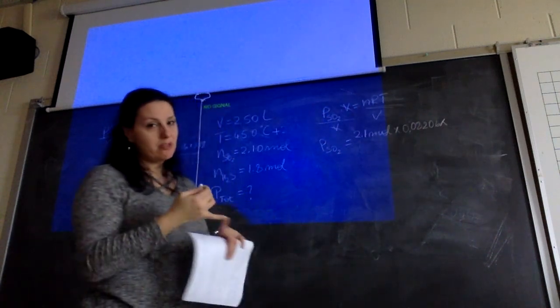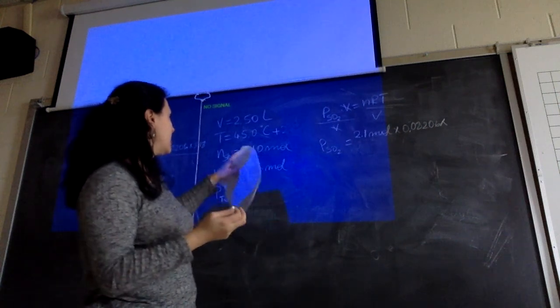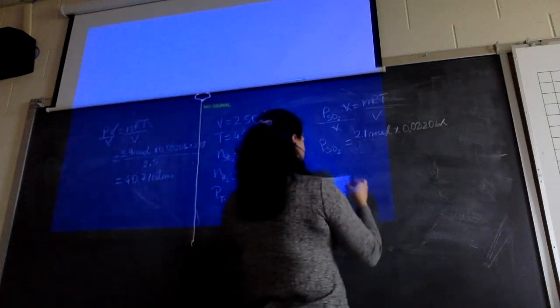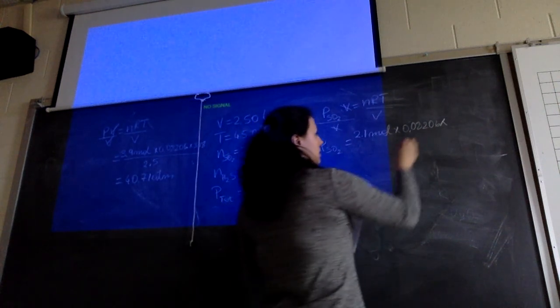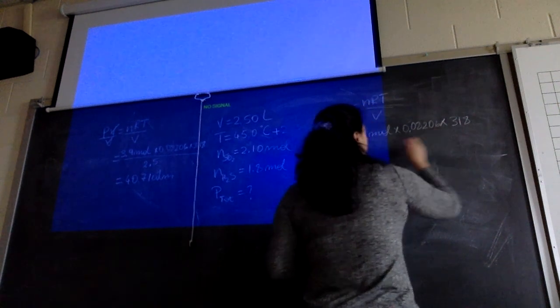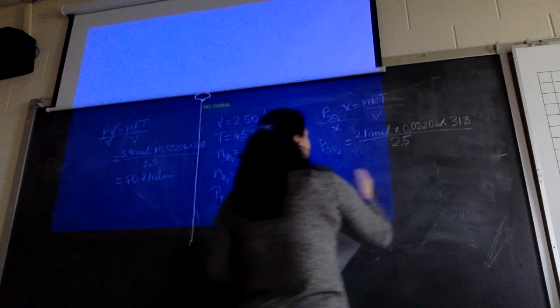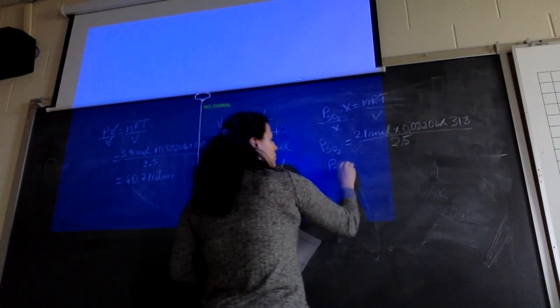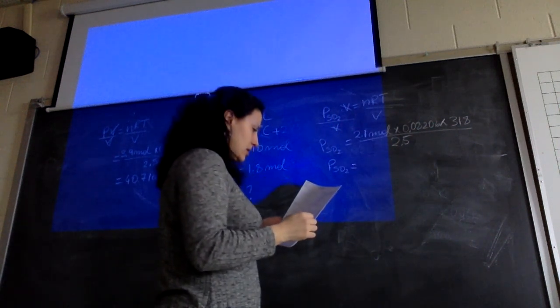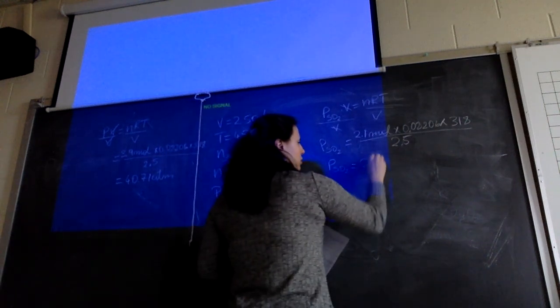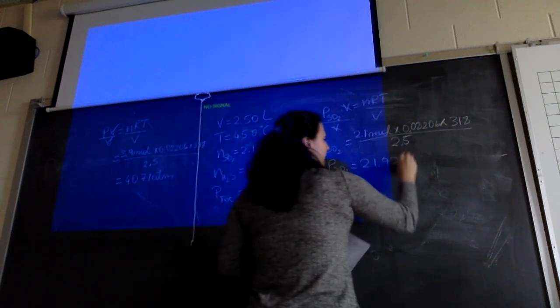The volume is the same and the temperature is the same. So 318 Kelvin divided by the volume, which is 2.5. And the pressure of SO2 comes out to be 21.92 atmospheres.